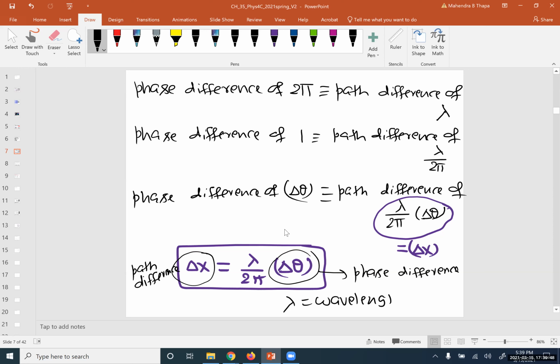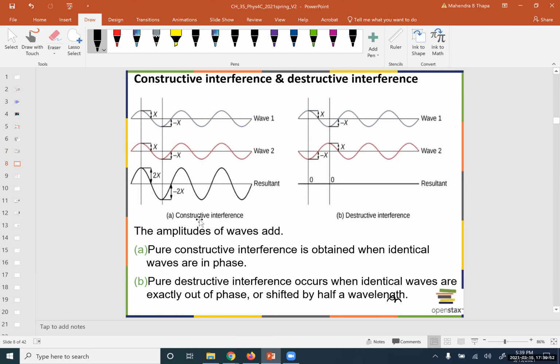Okay, so we can move further to what constructive interference and destructive interference are. In this picture, you see that the crest of the first wave and the crest of the second wave happen at the same time.